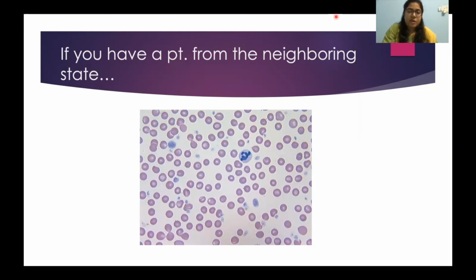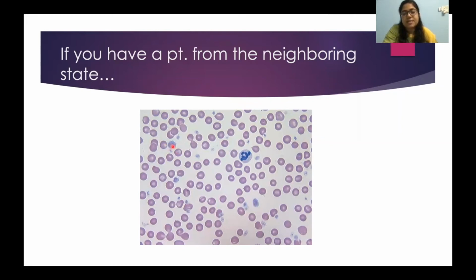I hope nobody in the audience is going to mind this, but it is commonly seen that in Bengali patients, if you run the sample, you will get thrombocytopenia from the machine. Now, if you make a smear and examine it, we can see that these patients usually have macrothrombocytes, that means large or giant platelets.